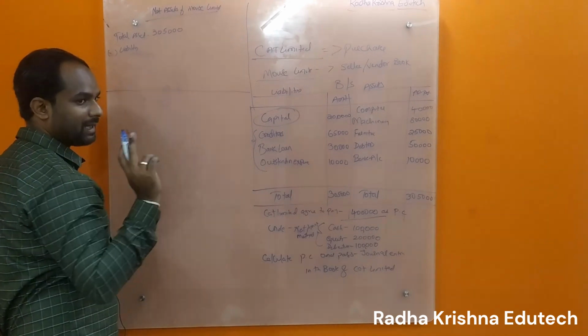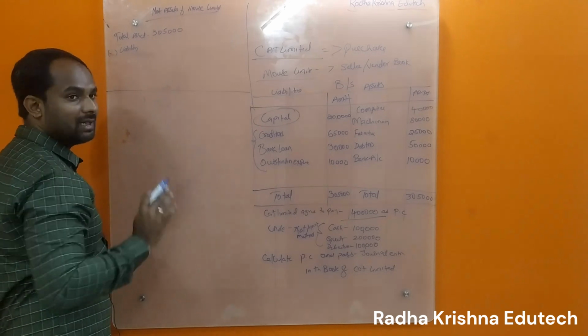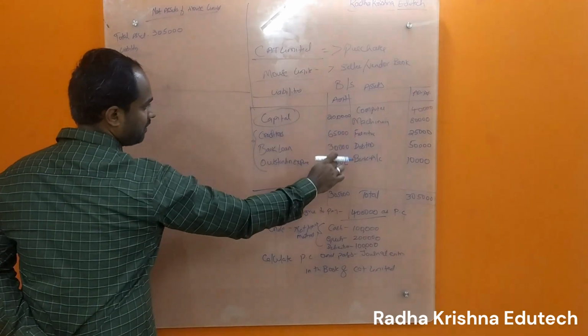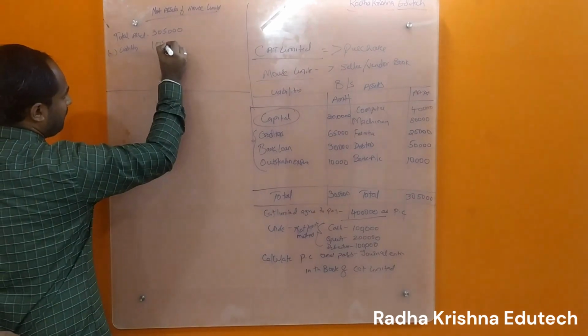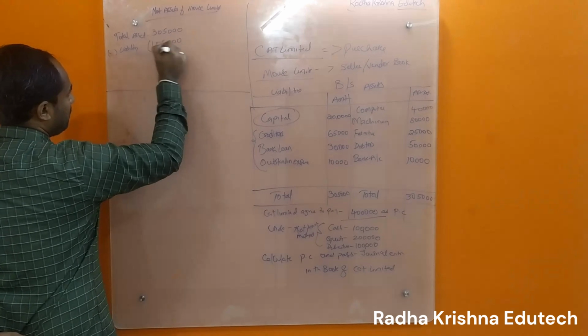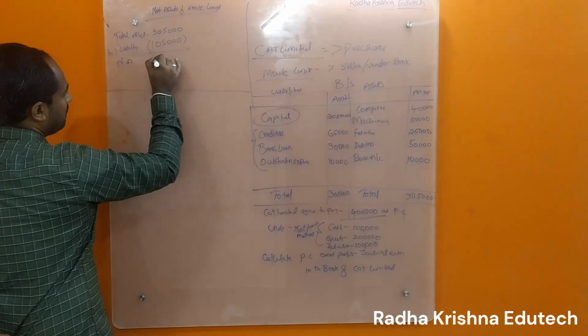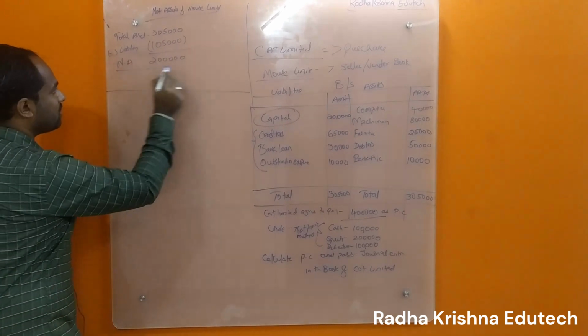It does not include any capital, and in the sum also it is not mentioned that we should not take certain liabilities or assets. So we will take all these three: 65 plus 30 plus 10, that is 1,05,000. So reduce this value. Your net asset will be 2 lakh. So your net asset is 2 lakh now.